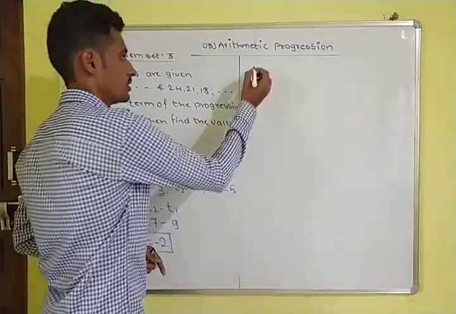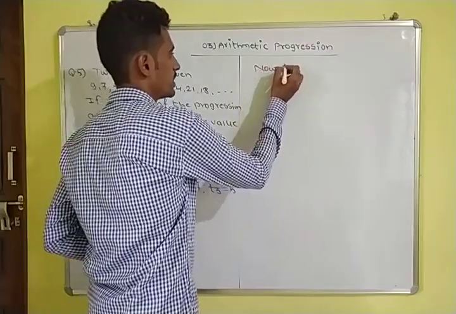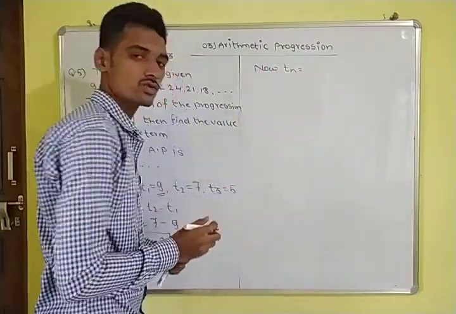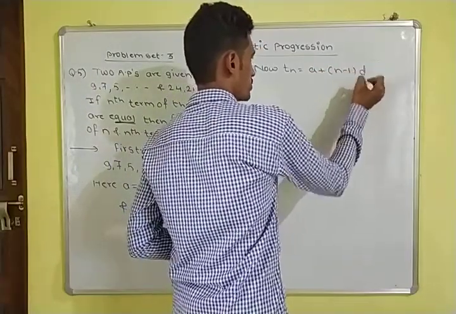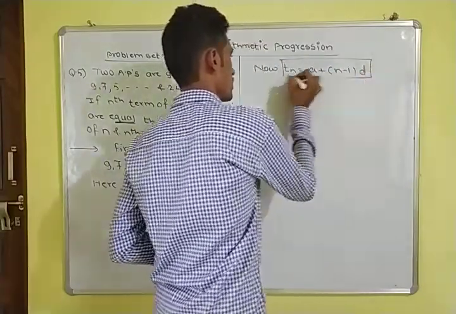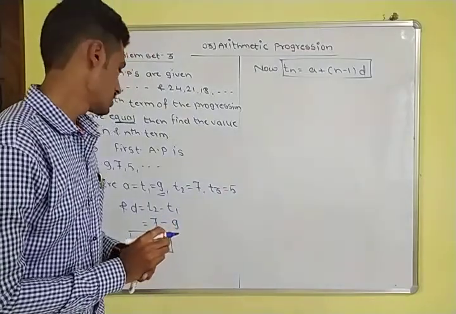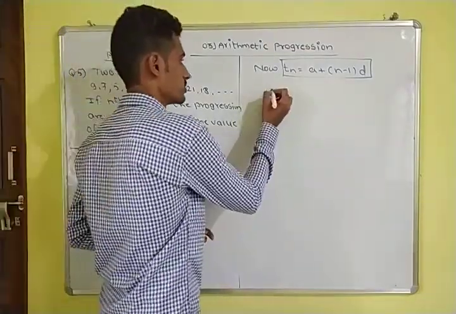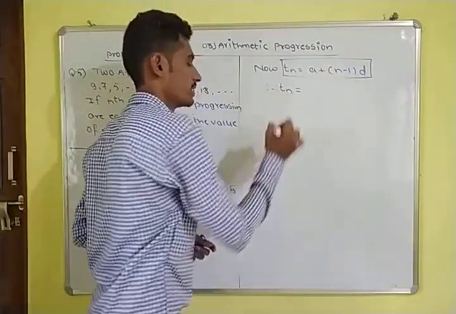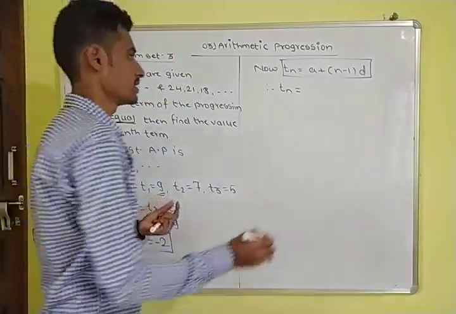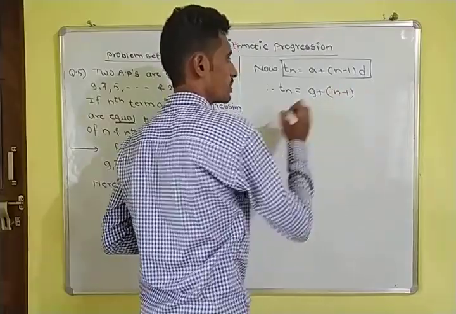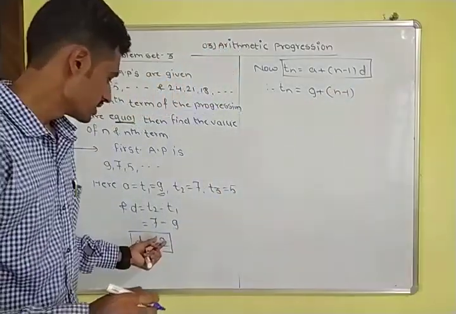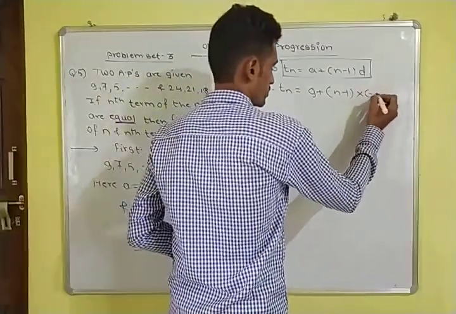Now we know the formula for Tn. How to find the value of Tn? Tn is equal to a plus (n minus 1) into d. This is the formula to find the value of Tn. The value of a is 9, so 9 plus, we don't know the value of n, so write n minus 1 as it is, into d, which is minus 2.